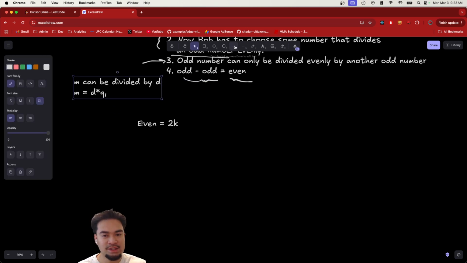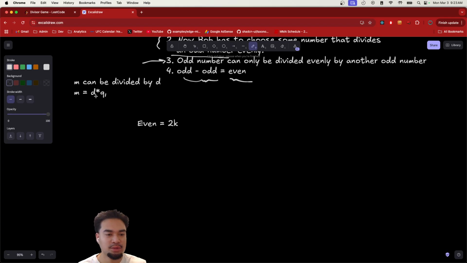That means you can find some d multiplied by some q, which is some integer, and that equals m. That's what it means for m to be divisible by d. So what does it mean for something to be even? It means it can be divided by 2. That's what even is. So if you represent it like this, k is any random integer.